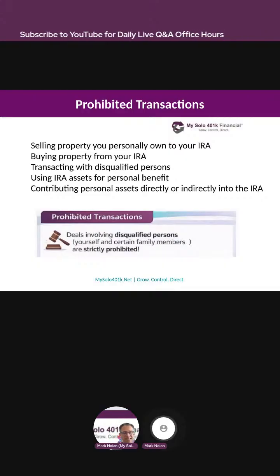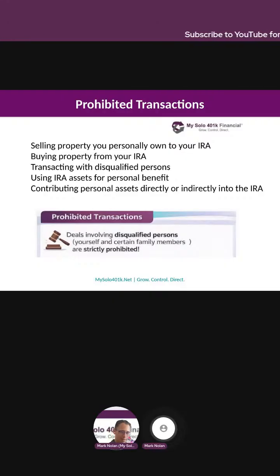So in the context of a self-directed IRA, let's talk about disqualified parties. Disqualified parties are individuals or parties that your self-directed IRA cannot perform transactions with.